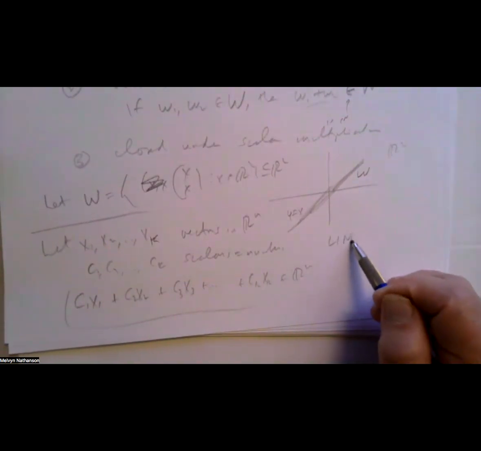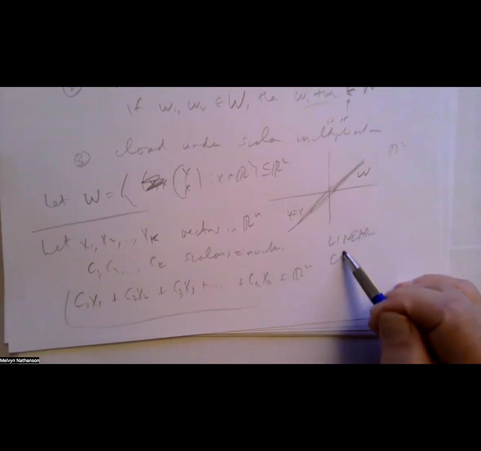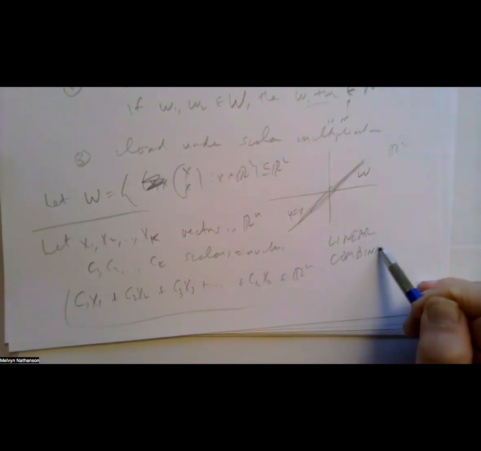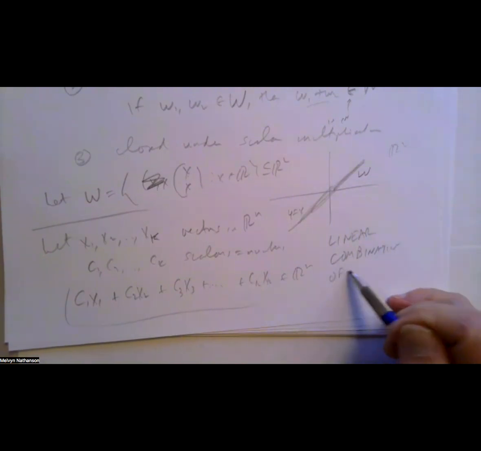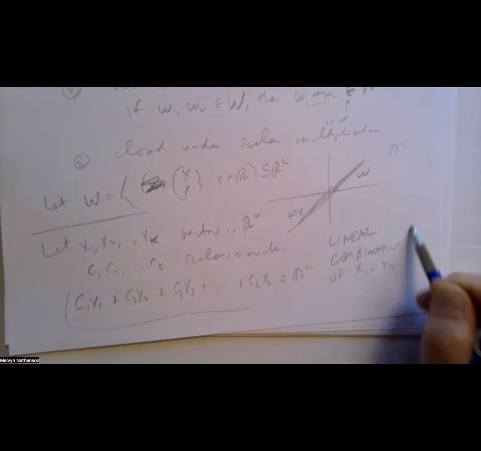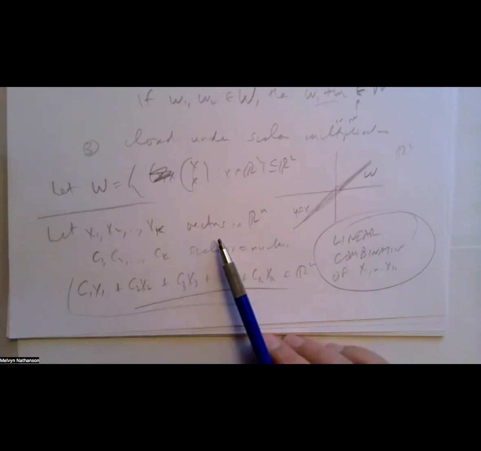And this kind of vector is called a linear combination of the vectors x1 up to xk. So this is another new and important definition. A linear combination of vectors x1 up to xk is another vector which you get by multiplying each of the original vectors by a scalar and adding. That's a linear combination.